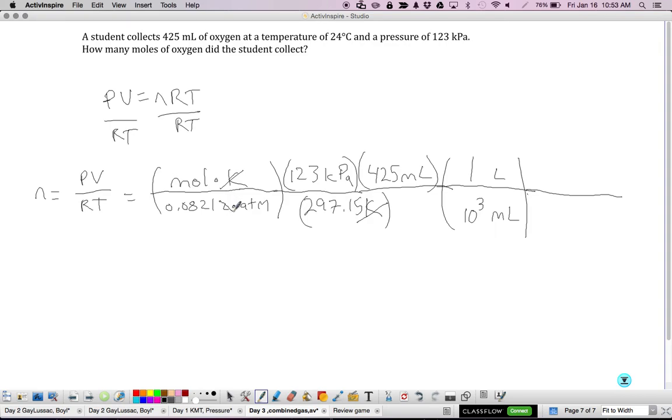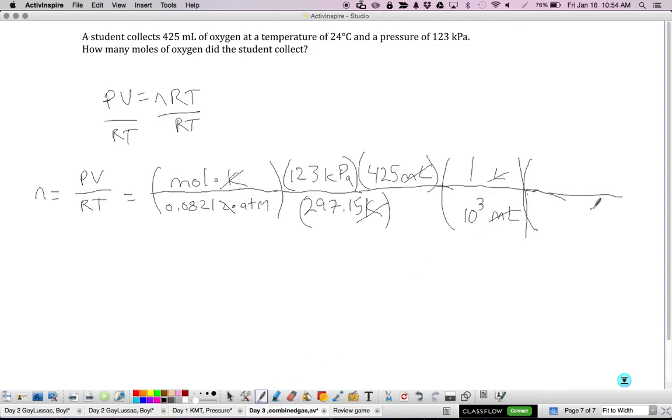the other thing that I have to do, now that I've got all these things going bye-bye, is kPa in atmospheres. So you have to know your conversion between kPa and atmospheres, or look it up on the equation sheet. You get 101 point, sorry, Mr. Ryan.